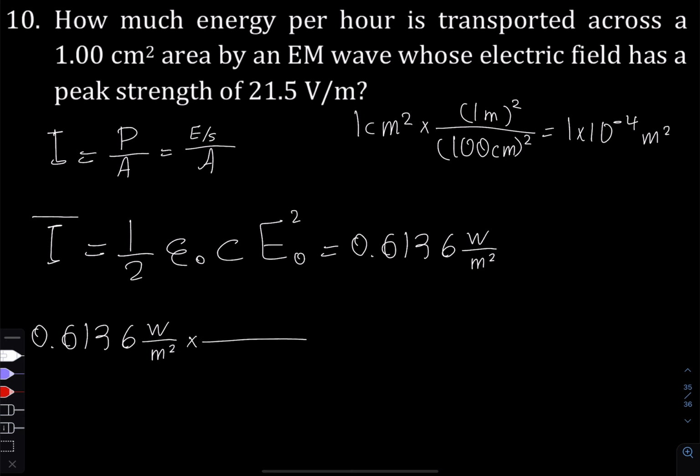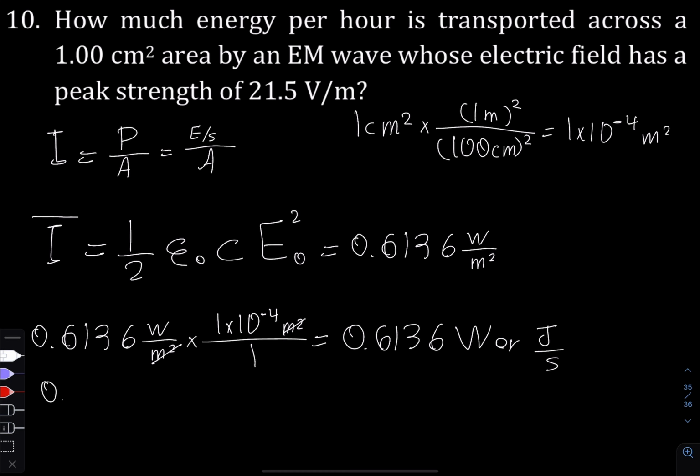So since you want to get rid of this, you're going to multiply. You put this on top so that the meters squared cancel out. And you're left with 0.6136 watts. Watts is the same thing as joules per second. So you've discovered joules per second.